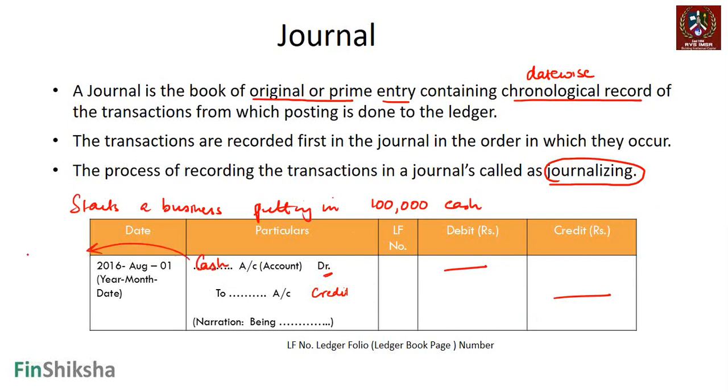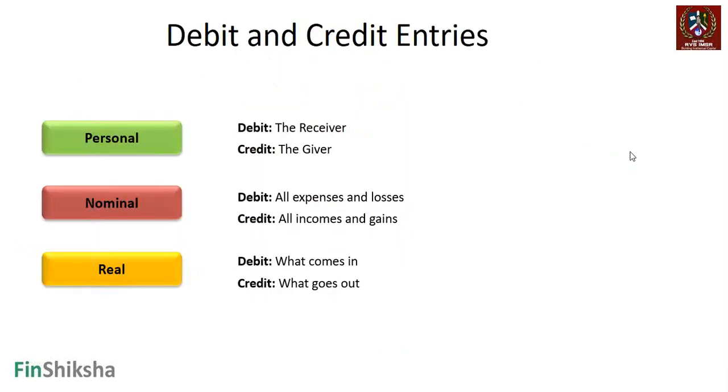Also, cash is a real account, correct? We read about real, nominal and personal accounts, and in a real account, you debit what comes in. We remember this just to ensure that we remember it. What comes in gets debited.